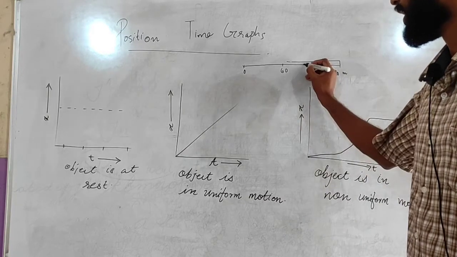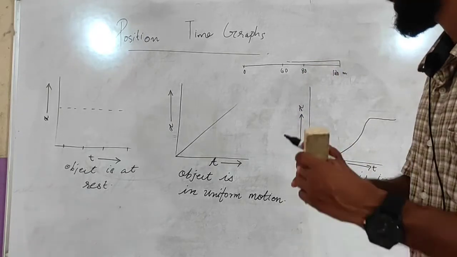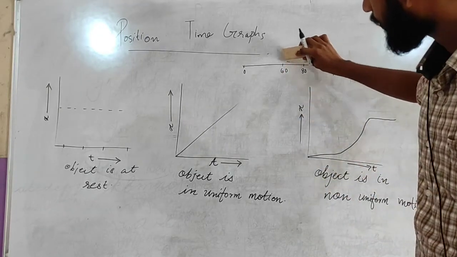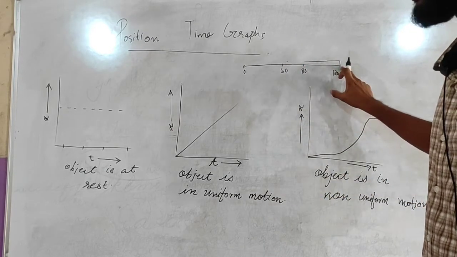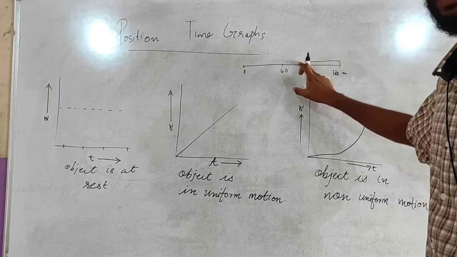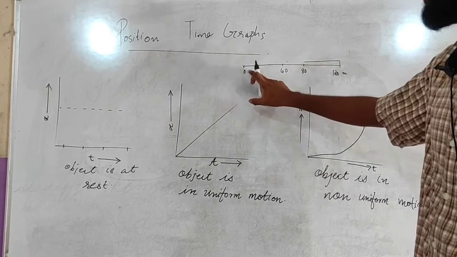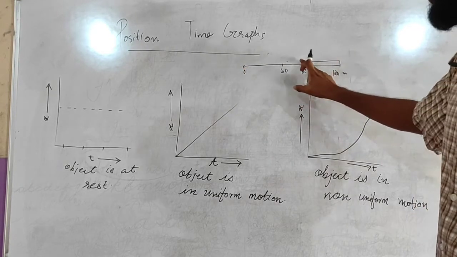Or suppose here it is 80, suppose consider 80 over here. So that person or the object has travelled from 0 to 120 and it is returning back to 80. So the total path length travelled will be 120 plus this distance.